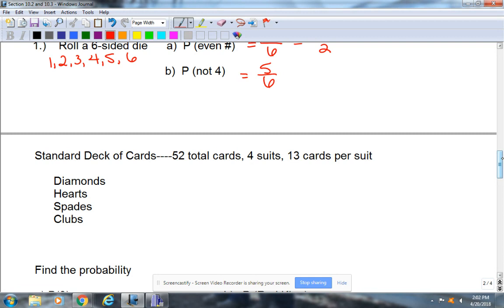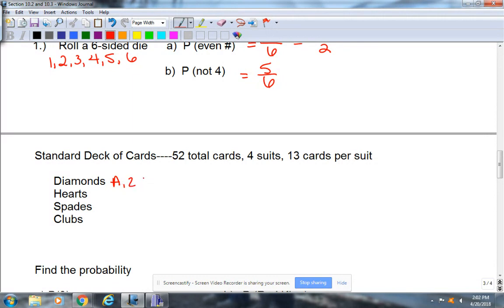All right, so we got 4 suits, and there they are, the diamonds, the hearts, the spades, the clubs. And there's 13 cards per suit. So for the diamonds, you have an ace. Is there a 1 card in the deck of cards? No, it's called an ace.